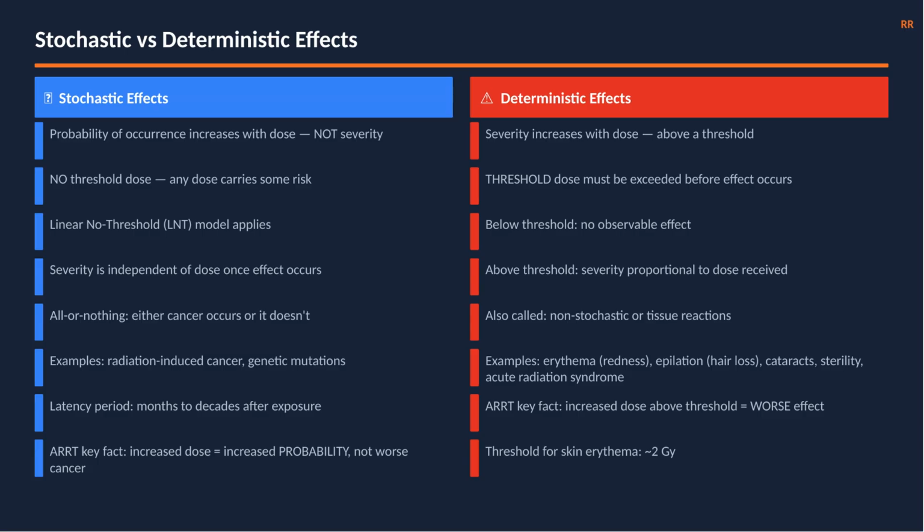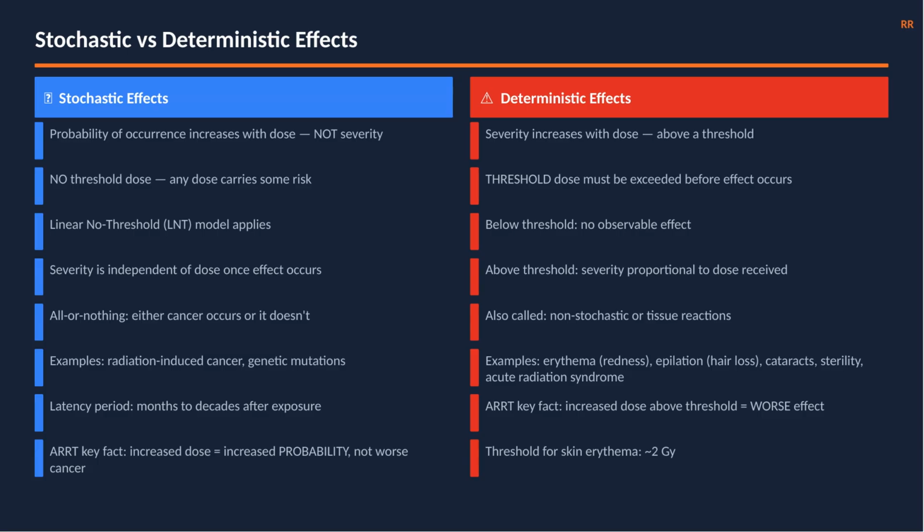Deterministic effects. The word deterministic means predictable, cause and effect. With deterministic effects, a threshold dose must be exceeded before any effect occurs. Below the threshold, no observable effect. Above the threshold, the severity of the effect is proportional to dose. More dose above the threshold, worse effect.